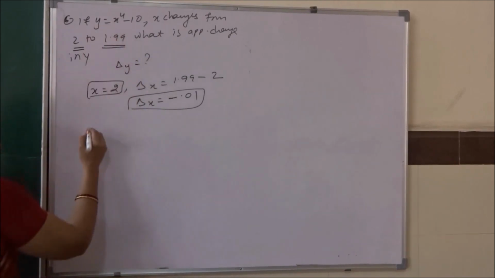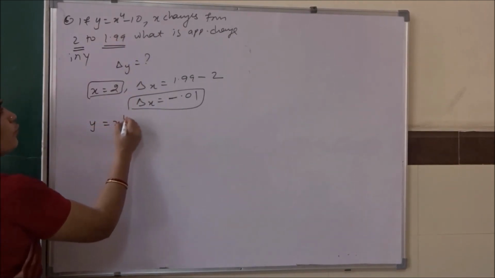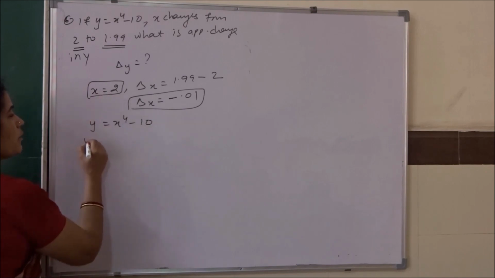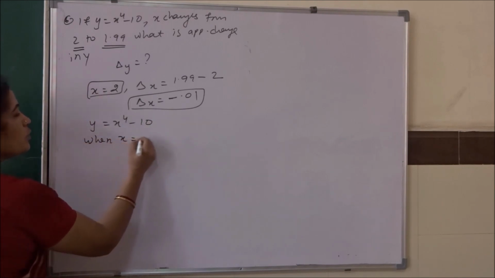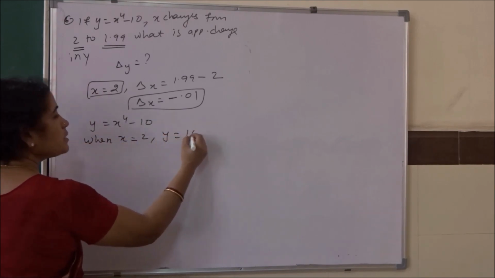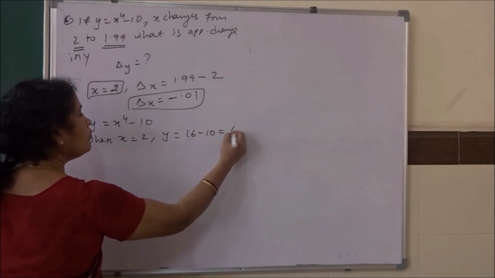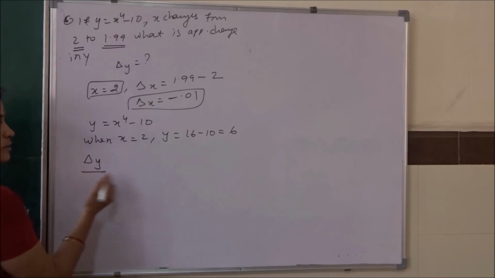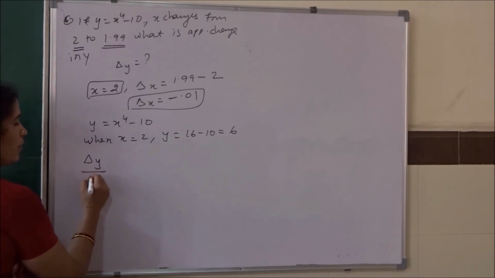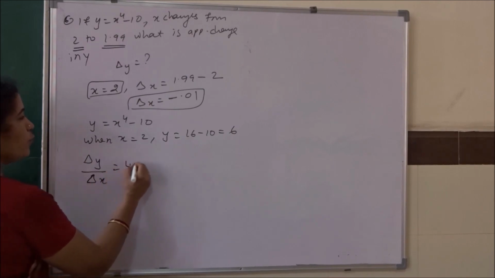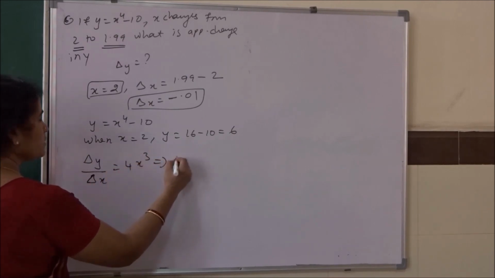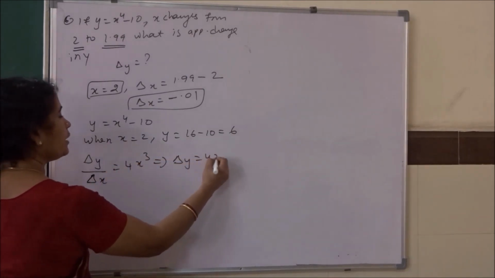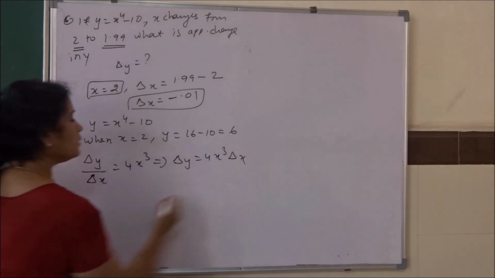Okay, now y is given here, that is x power 4 minus 10. When x is equal to 2, what about y? That is 16 minus 10, that is equal to 6. Now what is the approximate change in y? Delta y, understood delta y by delta x, okay. So delta y by delta x is equal to 4x cube. So this implies delta y equal to 4x cube into delta x.